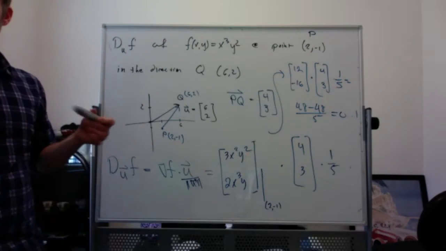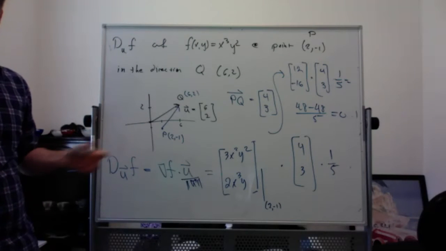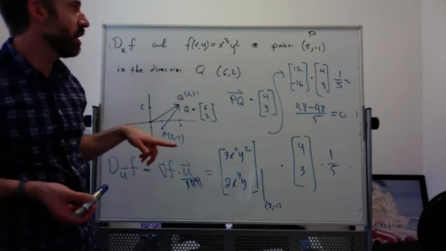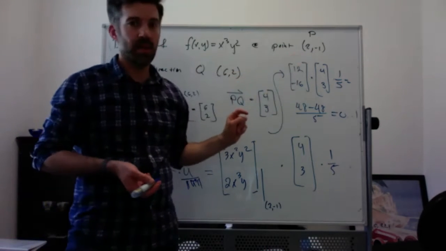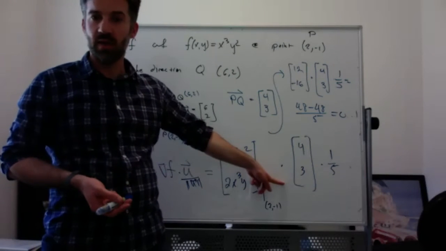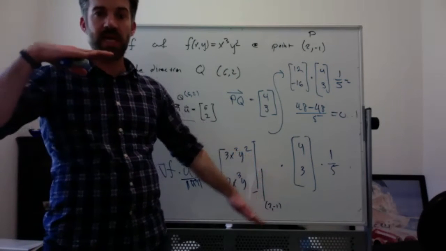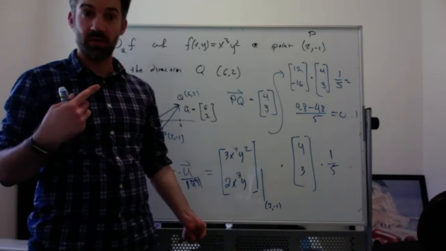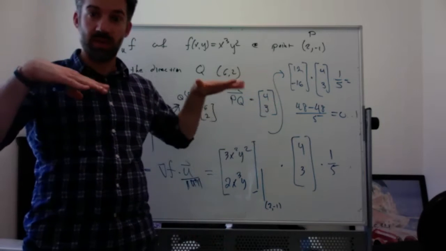So here's what that means. This is actually somewhat interesting. It means that on this surface, at this point, if you were to travel in this direction, you would actually be staying at the same height, right? You would be on one of the level curves where you don't change the z value.